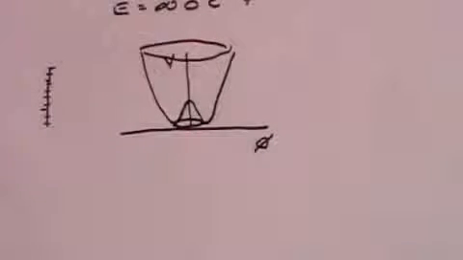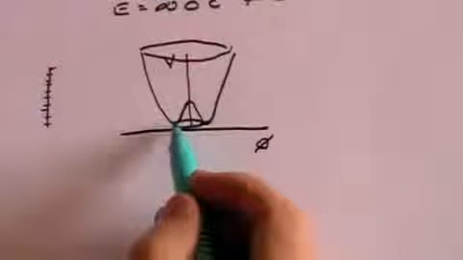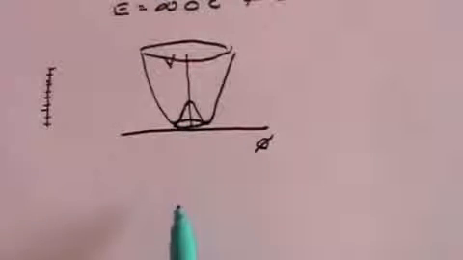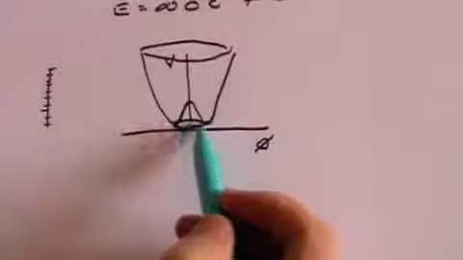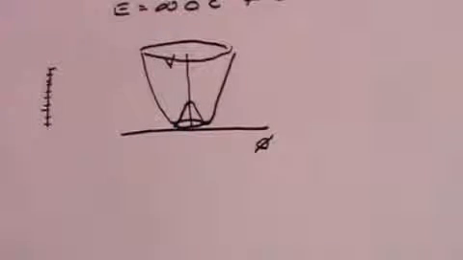Now, where is the state of lowest energy? Everything always wants to get to its lowest energy. The answer is at the bottom of this curve or the bottom of this curve. But since it's 3-dimensional, it's essentially anywhere on this circle. That is where the energy is at its lowest.